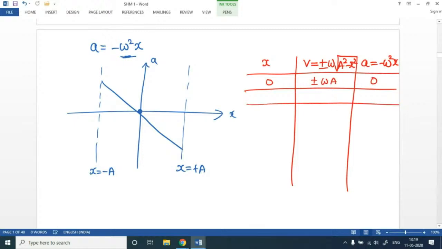If x is equal to A by 2, or plus minus A by 2, we will get plus minus root 3 by 2 A omega, and the acceleration would be minus plus omega square A by 2. The next term we can take is x equal to plus minus A by root 2. The corresponding velocity here would be plus minus 1 by root 2 into A omega.